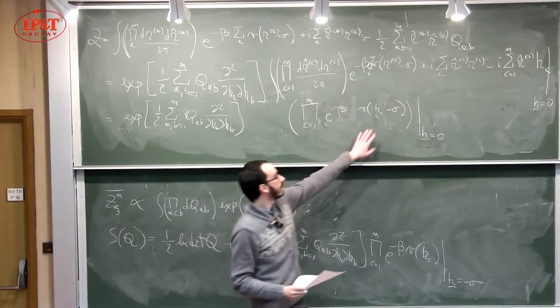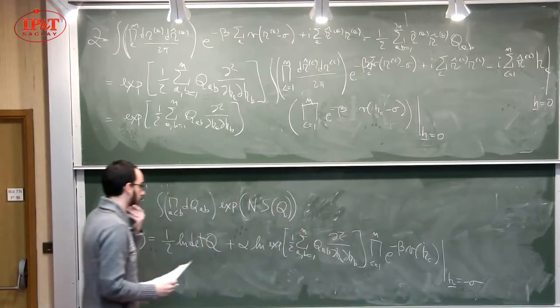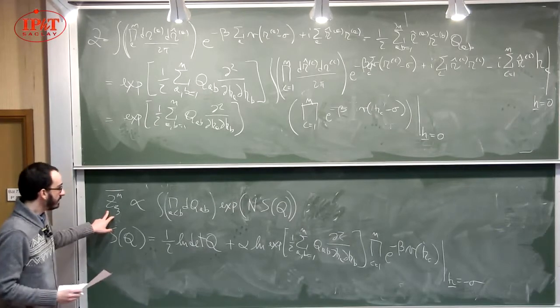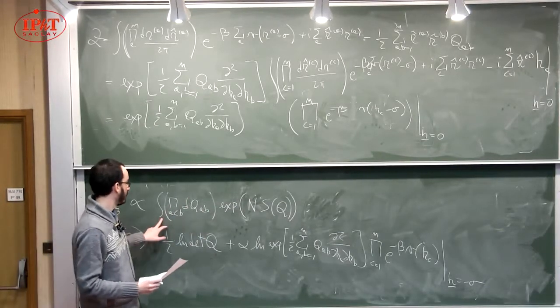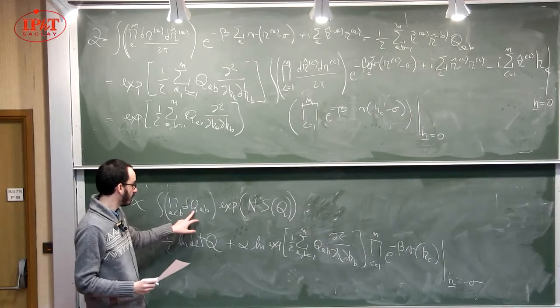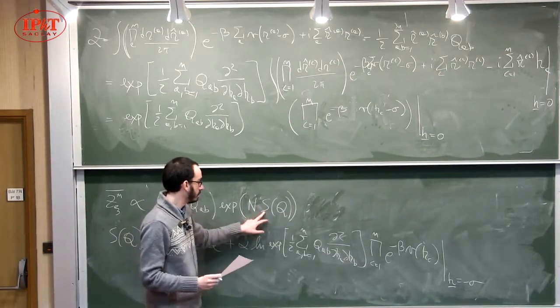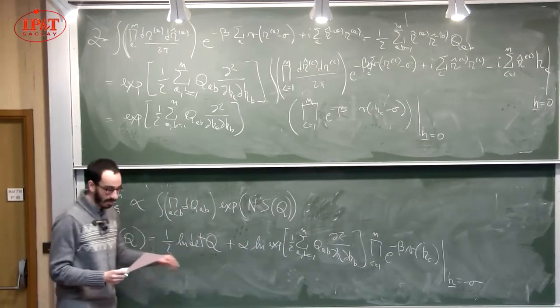It's just the same thing. Okay, so we have the integral over q, and then we have exponential of n times f of q, and S of q is this expression.